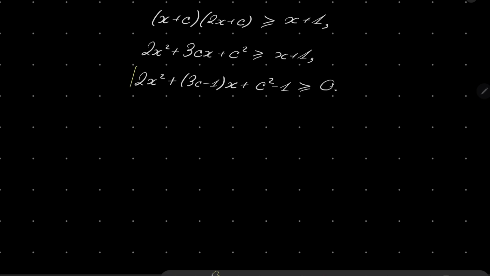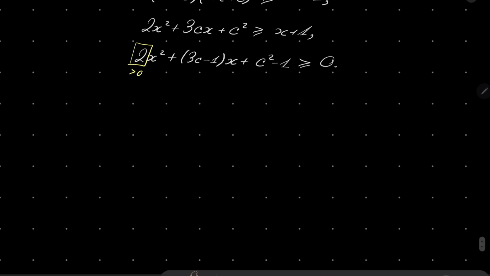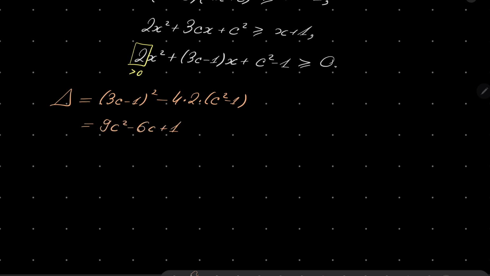It's a quadratic function with the leading coefficient greater than 0. Let's compute the discriminant of this function. It's (3c - 1)² - 4·2·(c² - 1). So it's 9c² - 6c + 1 - 8c² + 8. So it's c² - 6c + 9, which can be written as (c - 3)².